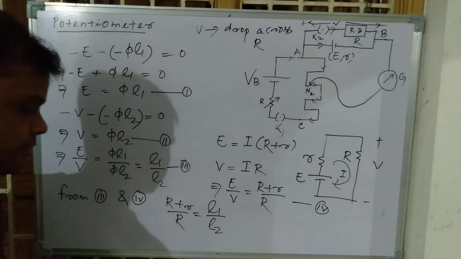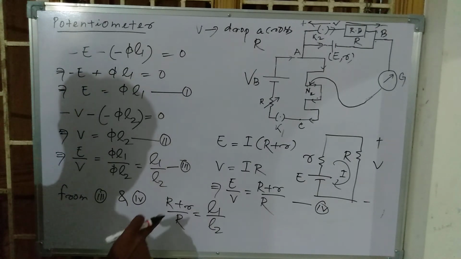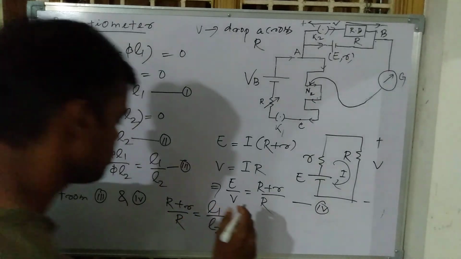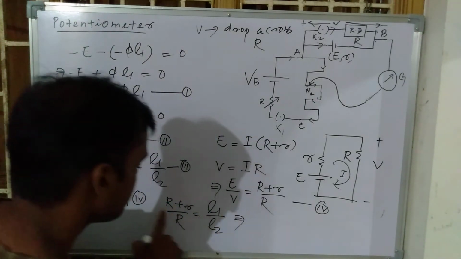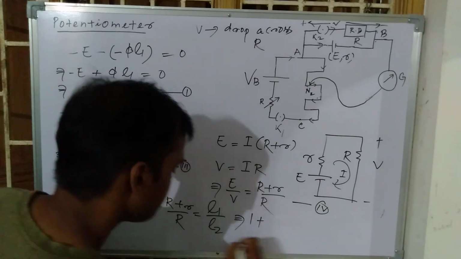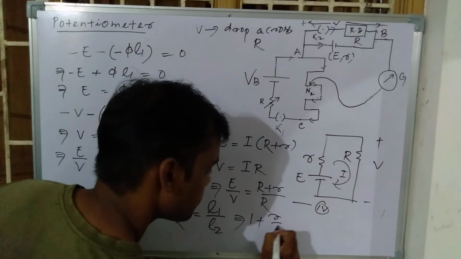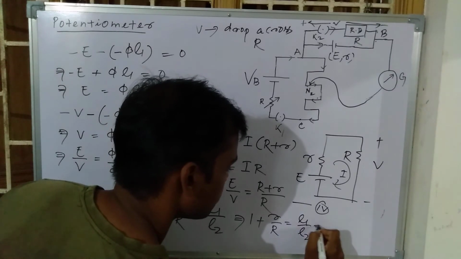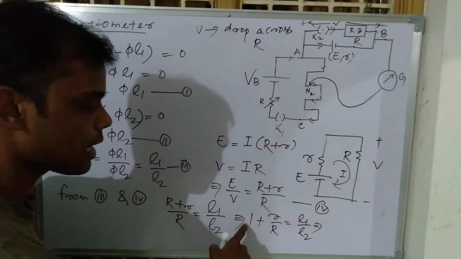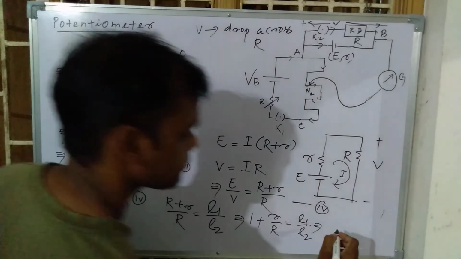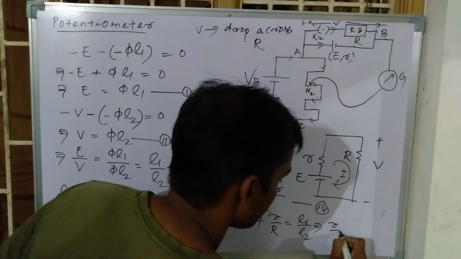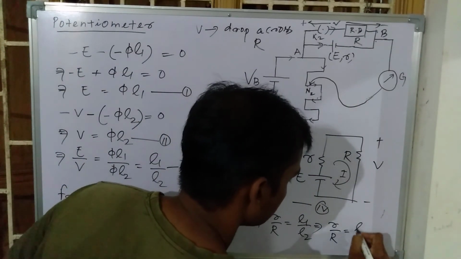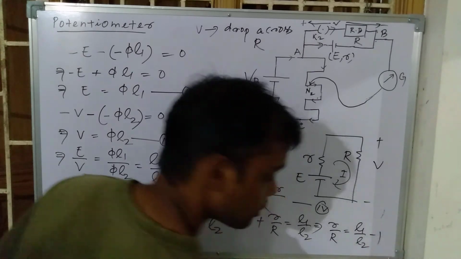From this I have to find out small r. So how to find it out? I can go one more step. R plus r by R is 1 plus small r by R. This is equal to L1 by L2, which implies r by R is equal to L1 by L2 minus 1.